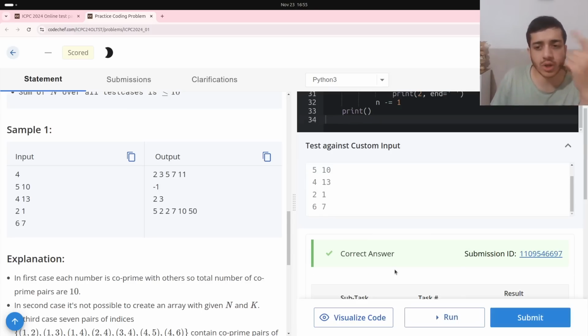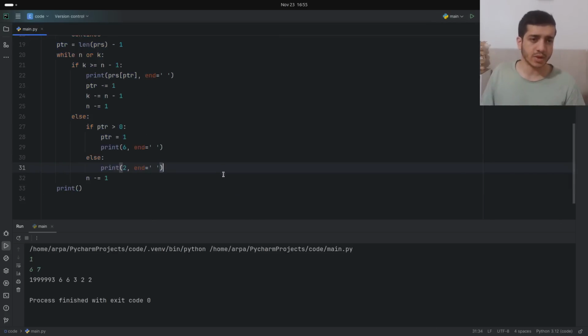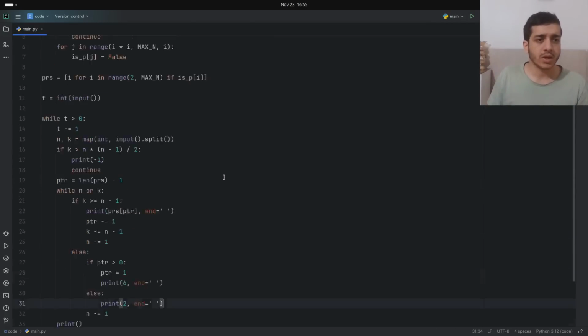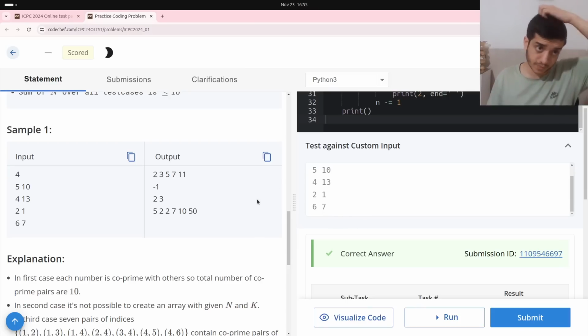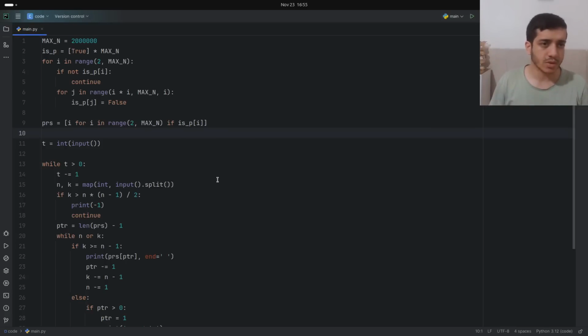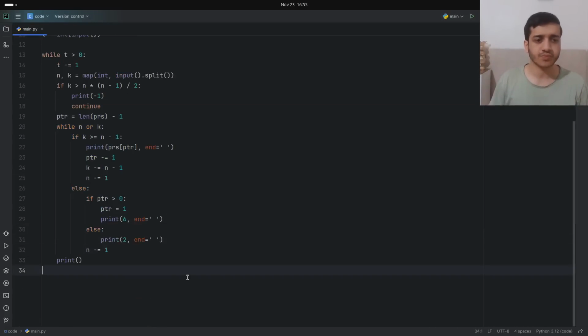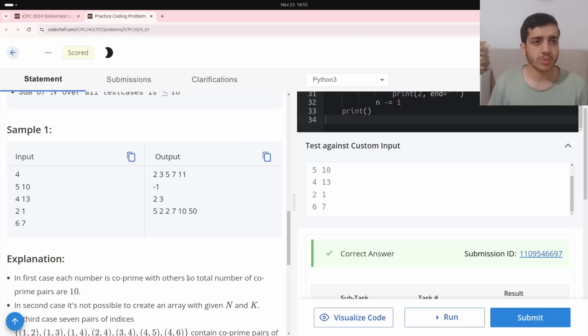Okay, this works. So as you can see, it's much easier, and the time complexity for the last code was big because we were multiplying a number with a very big number mod, and this one is much better.